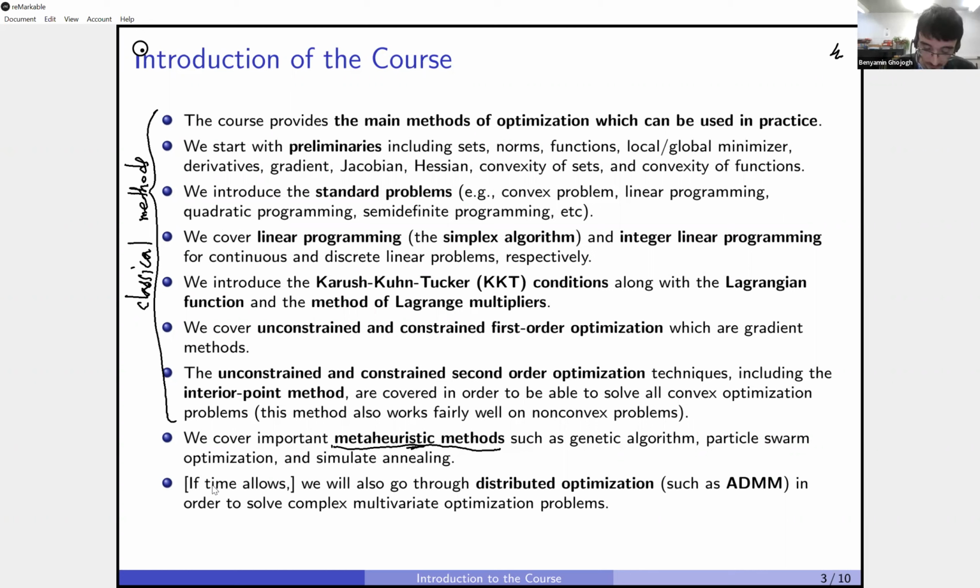We'll see, by the way, the meta-heuristic optimization is also some area of soft computing, because soft computing has several areas. Soft computing has fuzzy logic in it, has some connectionist methods such as neural networks and these things.